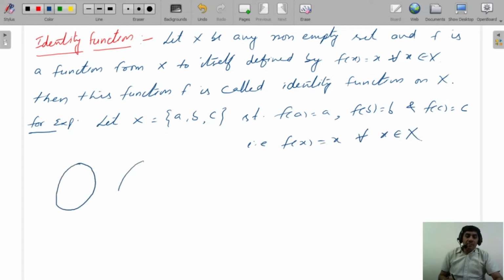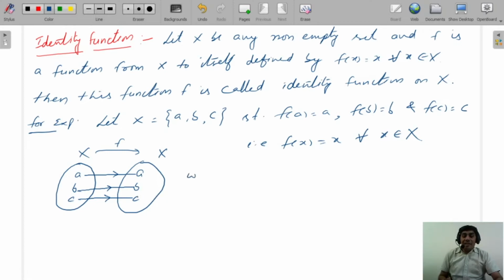Graphically, we see X, a, b, c, X, a, b, c. f is a function from X to X. a is associated with a, that means image of a under f is a itself. Image of b under f is equal to b. Image of c under f is also equal to c.